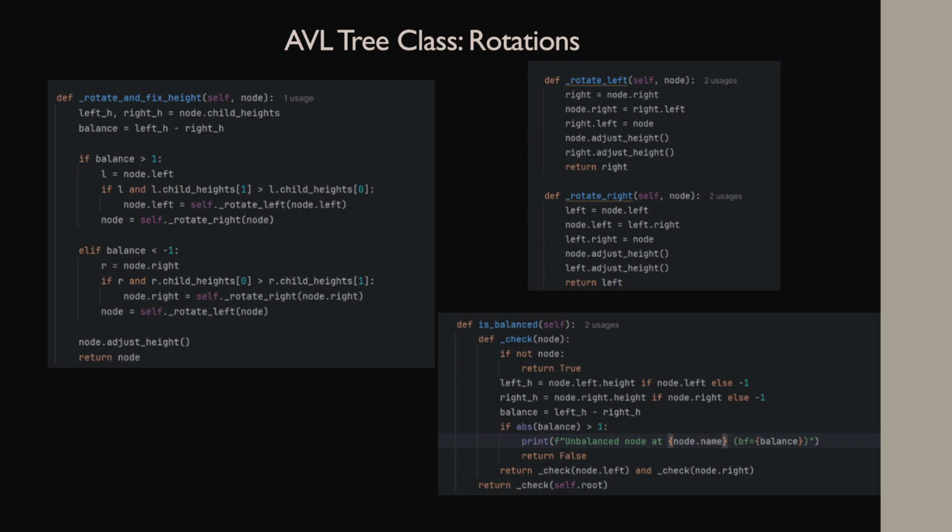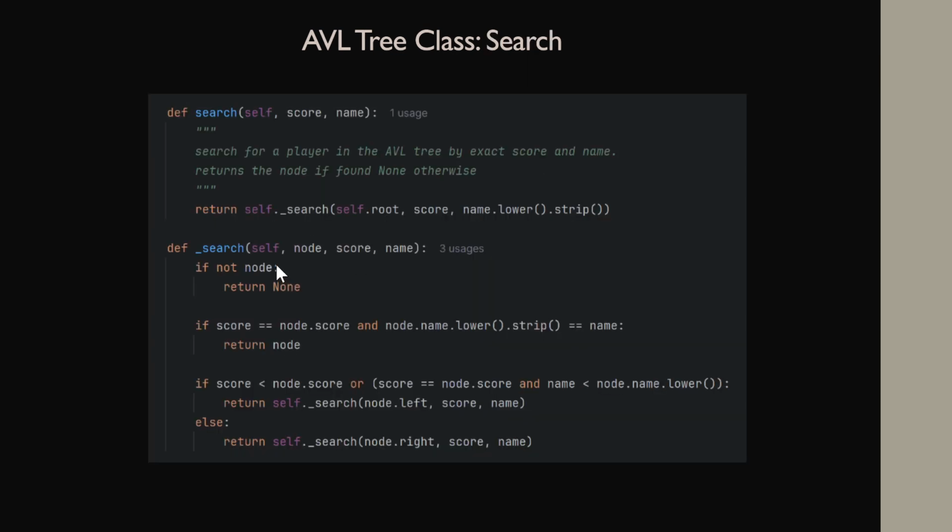It would handle right left cases the same way by checking the child heights of R, in this case the right node. And then we have an is balanced method, which is just for debugging purposes, and it walks the tree using recursion and prints out unbalanced nodes.